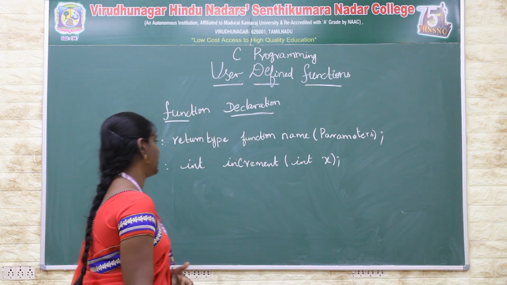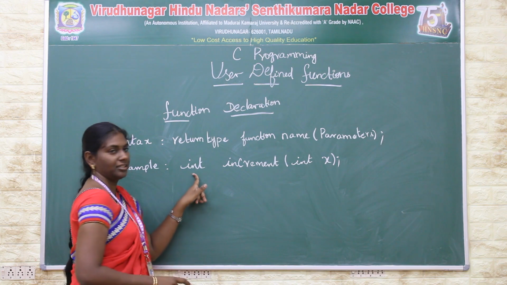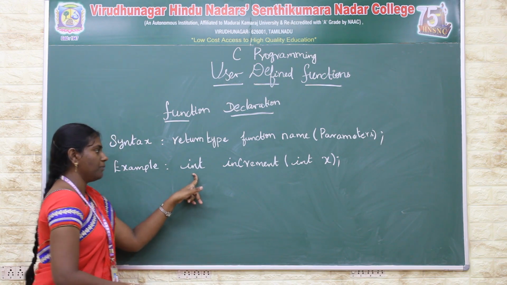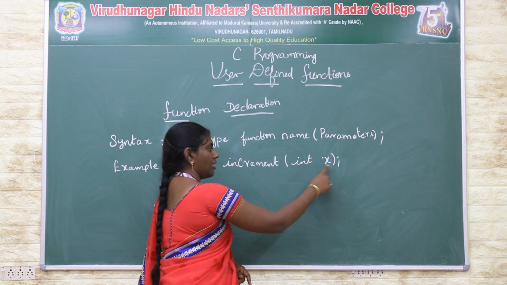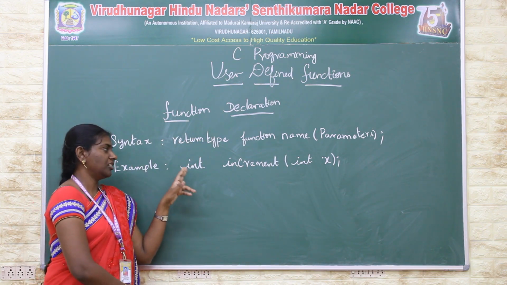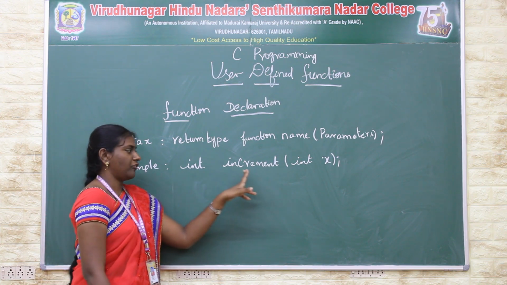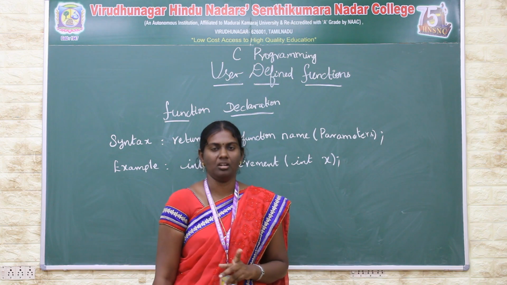Let's see an example for it. Here is the example function declaration: int increment(int x). Int is the return type. The function name is increment, and it has only one parameter.